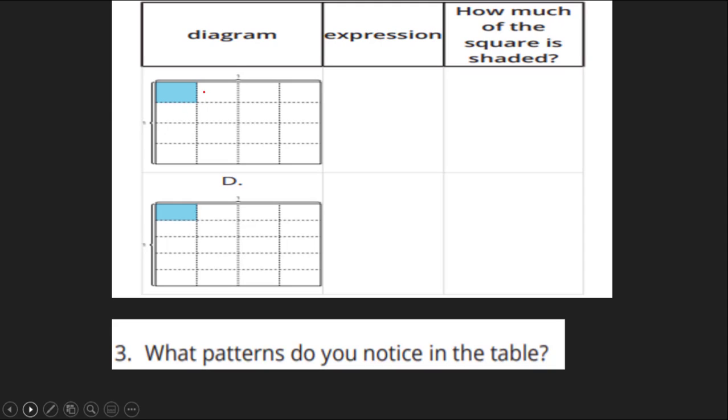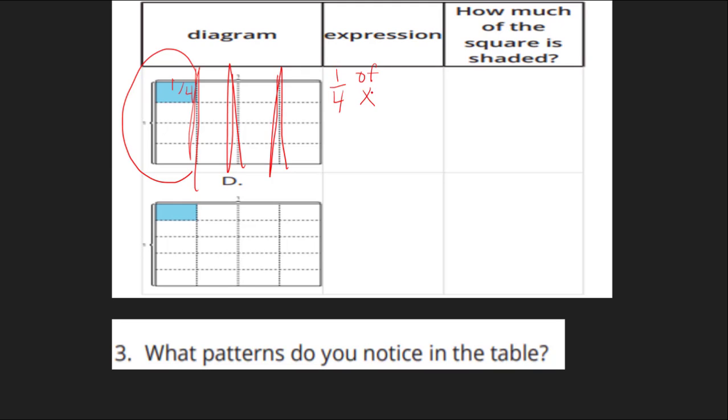If we're looking at columns, we have 1, 2, 3, 4 columns. And out of the first column, I have 1/4 shaded. So one expression can be 1/4 out of one of the 4 columns gives me 1/16 shaded.